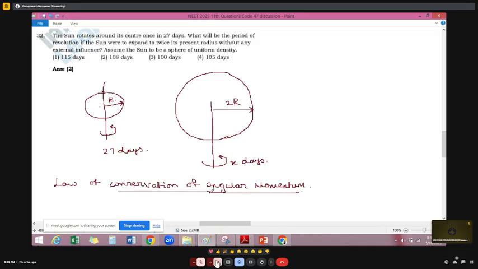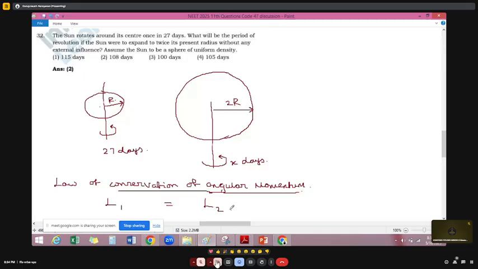Do you agree? We have been doing circular motion problems. So you should know that angular momentum conservation means the angular momentum here should be equal to the angular momentum here. Angular momentum means mass into velocity.